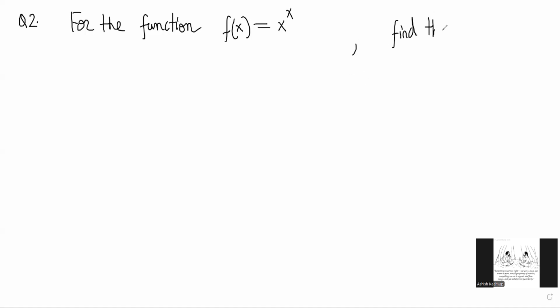The next question is this one. For the function f of x is equal to x power x, find the points where it is increasing or decreasing.